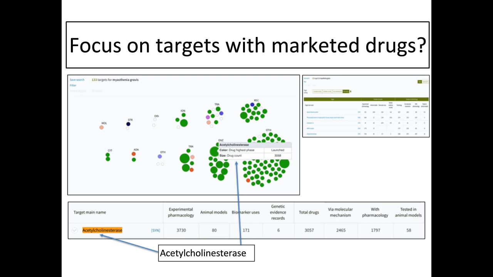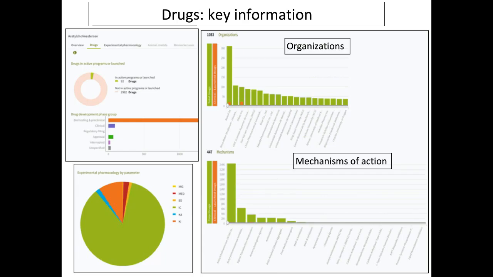As you've seen, acetylcholinesterase has many drugs associated with it, and TD offers the opportunity to analyze the drugs, for example, by organization, which company it is coming from, by the type of experimental pharmacology available, for example, is it a Ki, an IC50, or an MIC, and also by the mechanism of action.